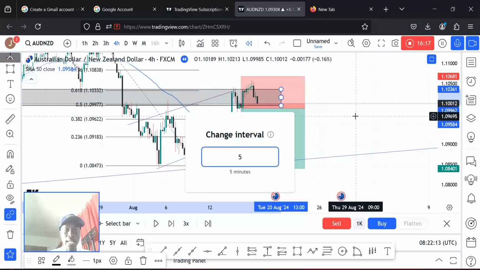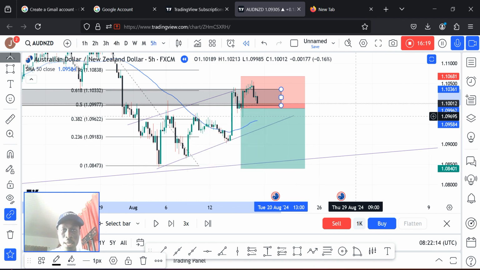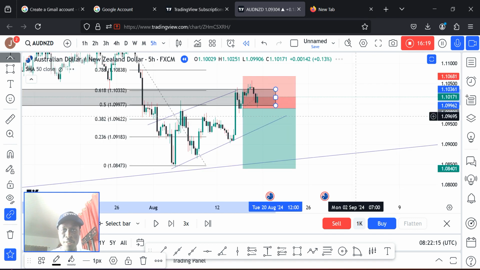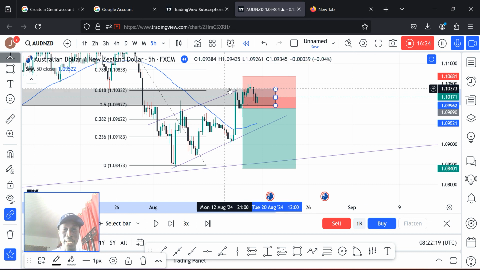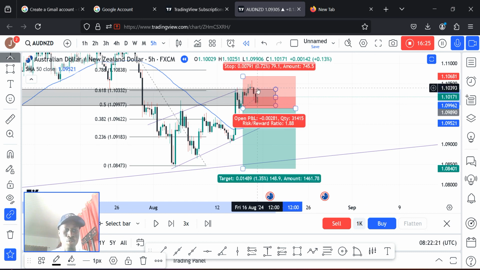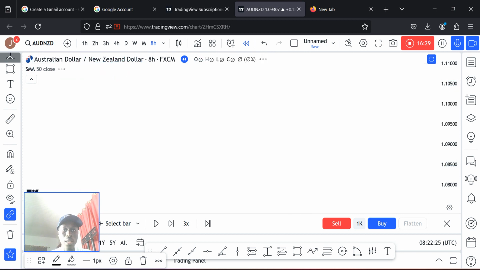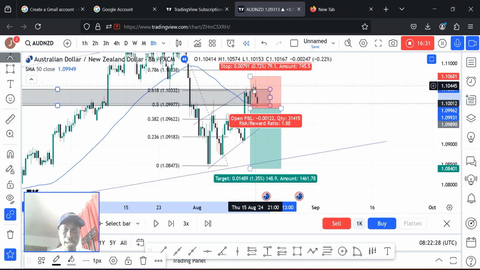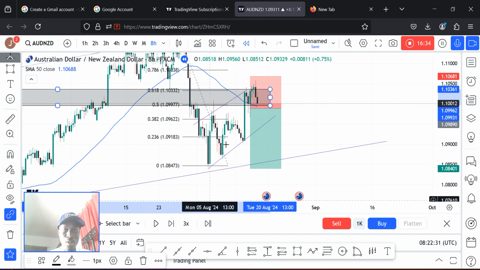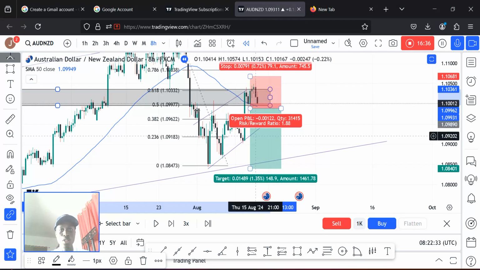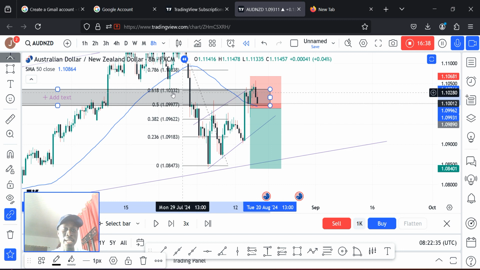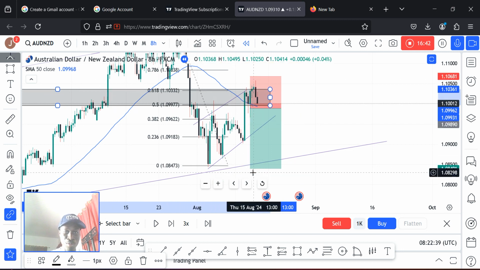We can verify that from the 5 hour time frame, where the market has rejected this whole zone with a stronger wick, and the 8 hour time frame as well, giving us a clear bearish engulfing at this whole zone. And this price action is a rising wedge.